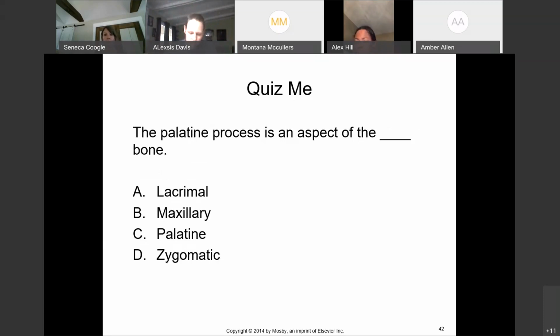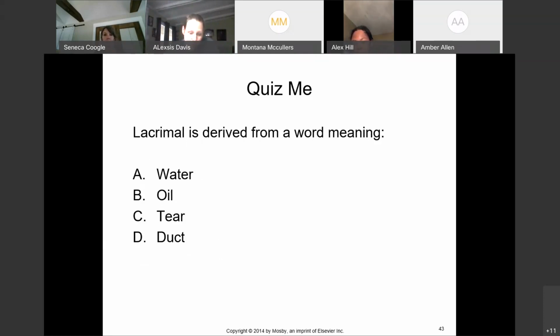Palatine process is an aspect of the maxillary bone as well. This is the one we spoke about earlier. Lacrimal is derived from the word meaning tear, not duct, but tear, just because they are associated with the tear ducts, but they're not derived from the word for duct.